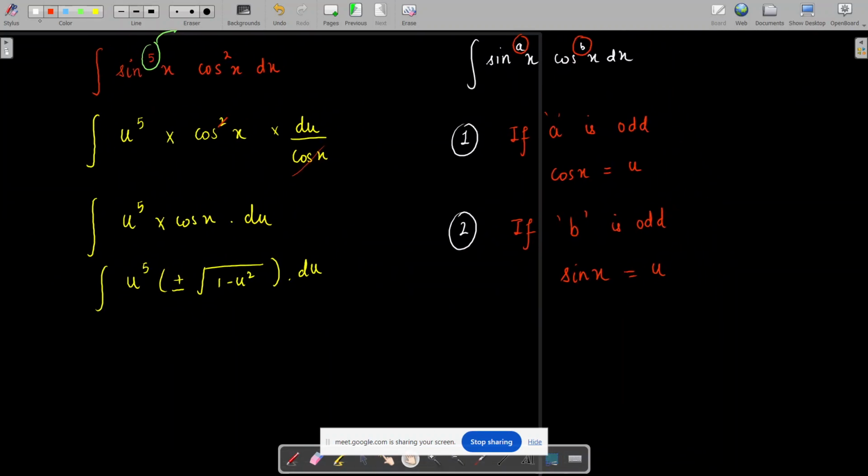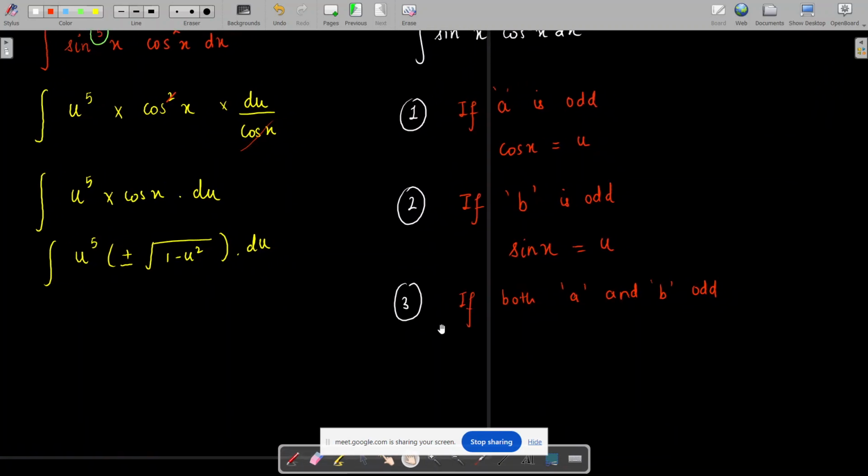Then the third case can be both the powers are odd. If both a and b are odd, then you can take either of them as u, either sine of x or cosine of x.